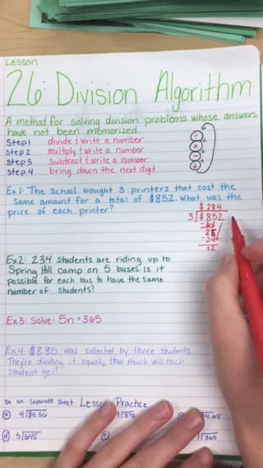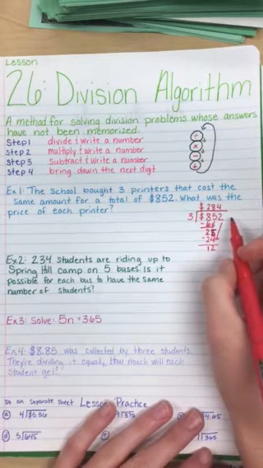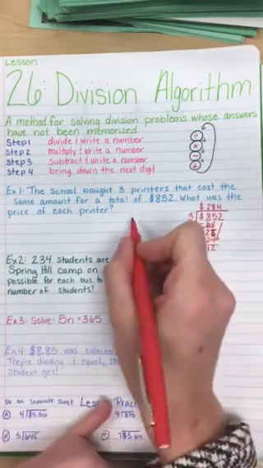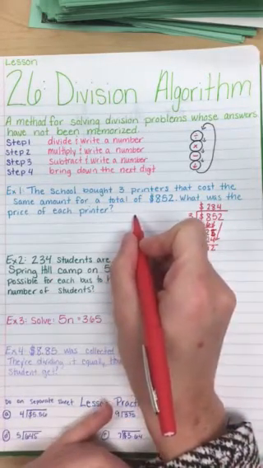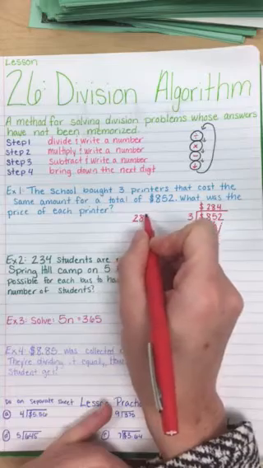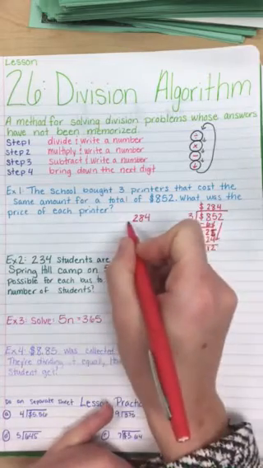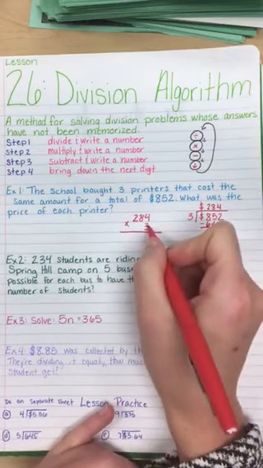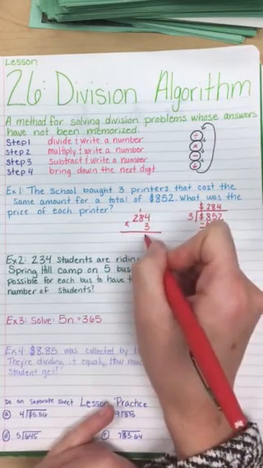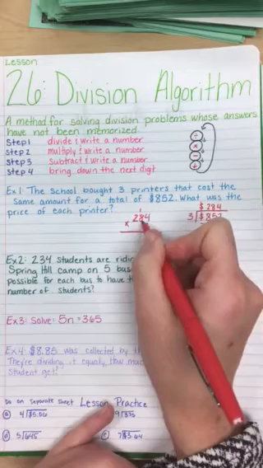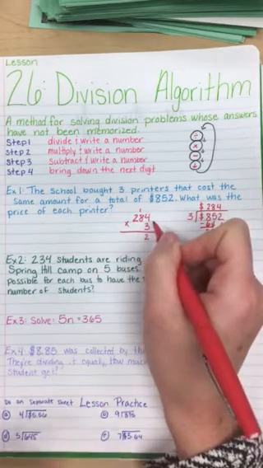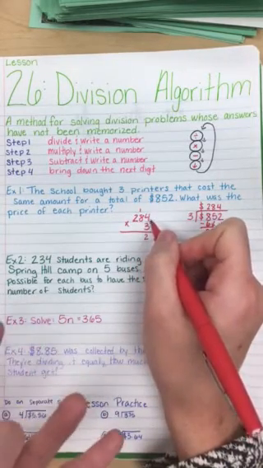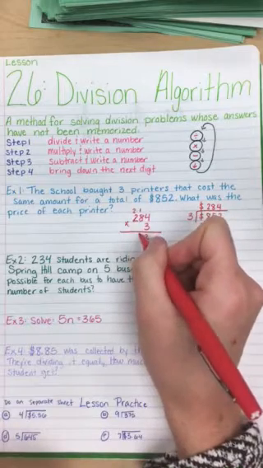You could think that you were done there, but I would like to challenge you to double check your answer. So I'm going to do 284 times 3, or you can add it 3 times. 3 times 4 is 12. 3 times 8 is 24, plus the 1 is 25.